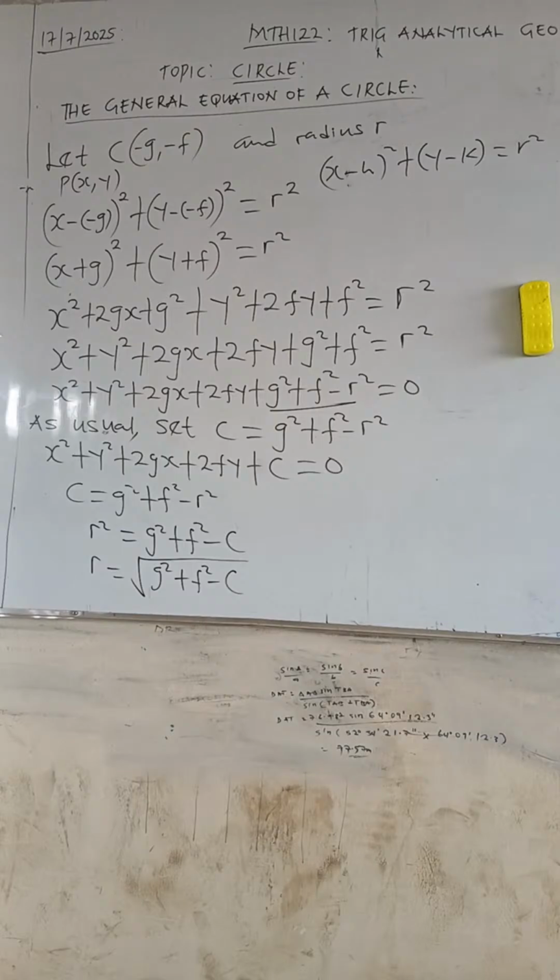I have some examples. It says the equation of a circle is x squared plus y squared plus, okay. Find the coordinates of the center of the circle and the radius. Can I clear everything? You are still writing? Yes, sir. Please write very fast.